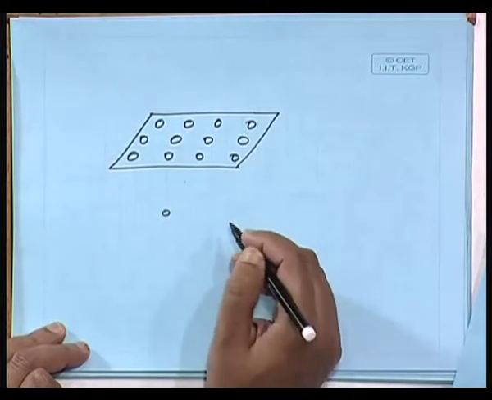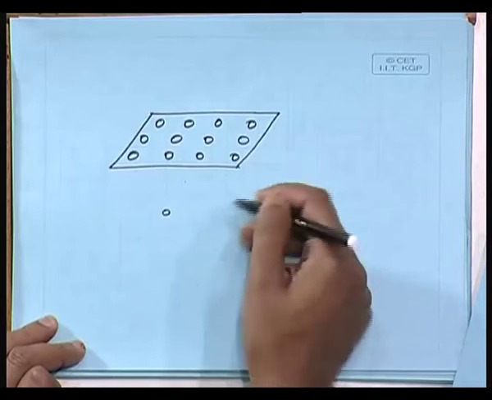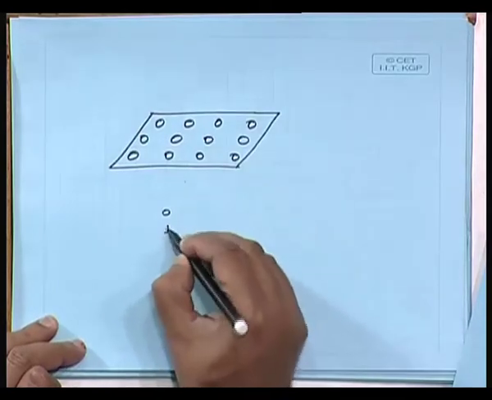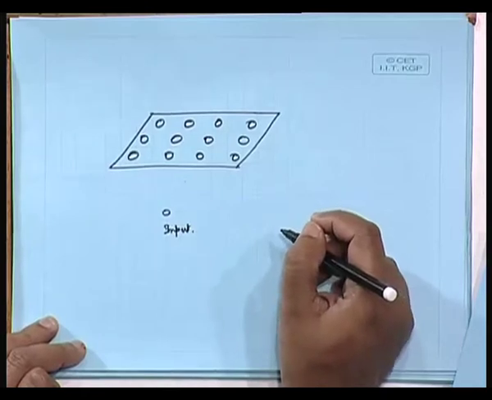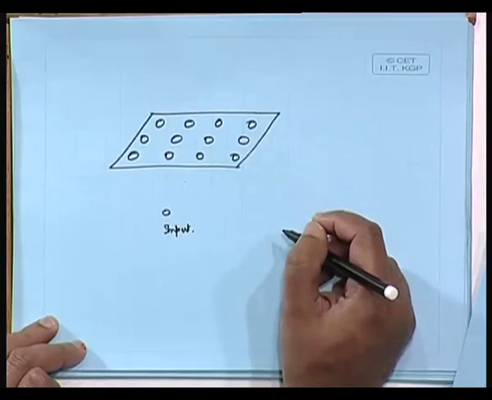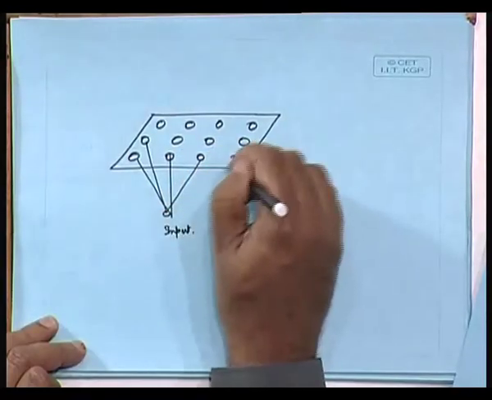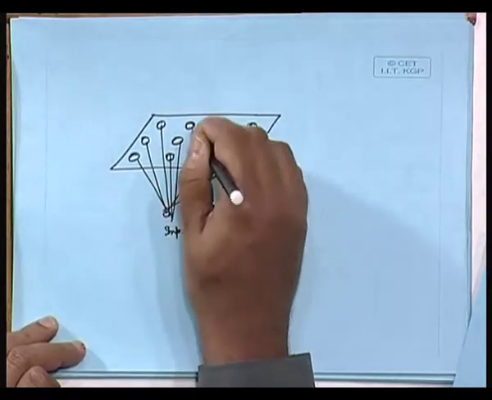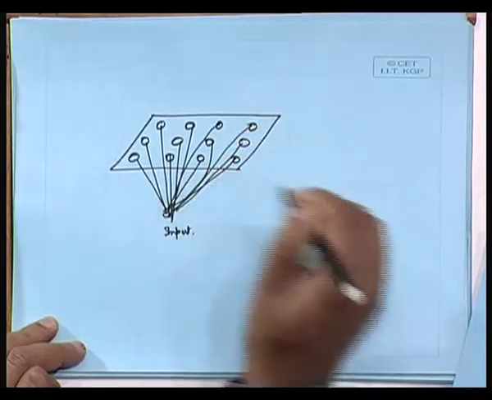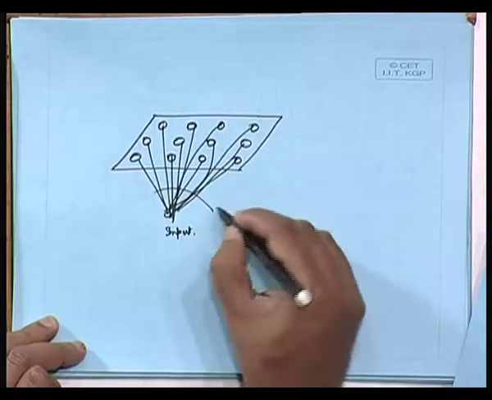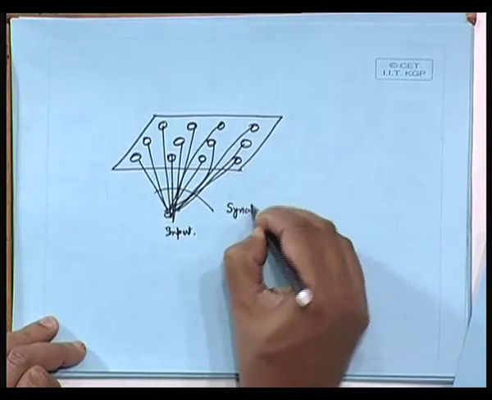And let us say that we have an input lying over here. Now, this input need not be connected in the form of a lattice. The input could be unorganized also, but any input will be connected to all these outputs. And then there will be a bundle of synaptic connections.